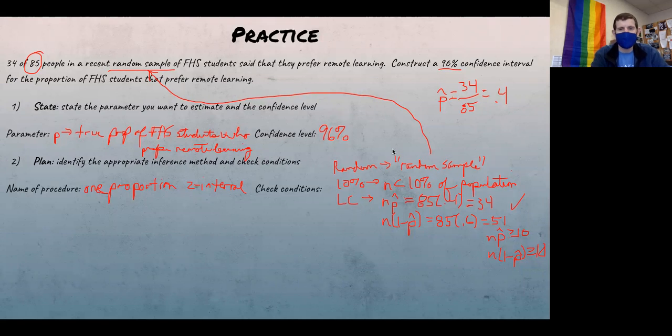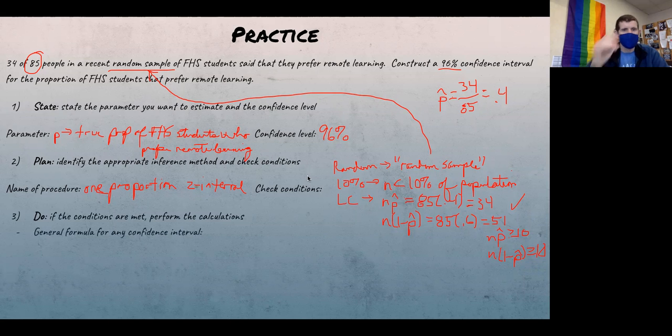So we want to take the time to actually show that. If you do not show that you have checked your conditions, you will lose points. If the conditions are met, we can perform the calculations. Now, we don't just jump into the calculations. We need to, first of all, show the general formula.